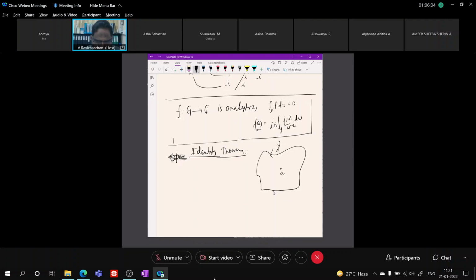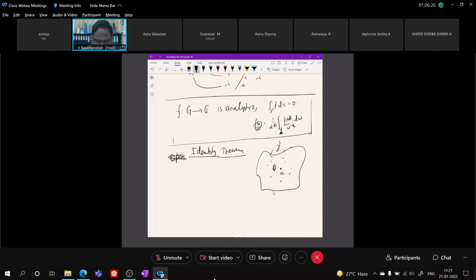What is a? a is the point inside. f of a is the value at the point inside gamma. So for any point inside the domain, we can get the value of the function. From what values? We need to know the value of the function only on gamma, because f of w needs to be known only on gamma.